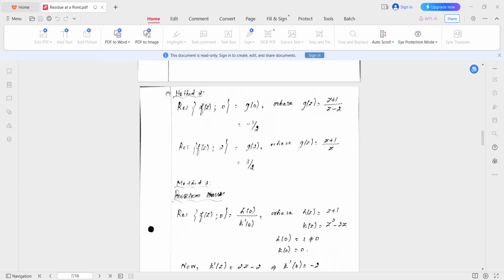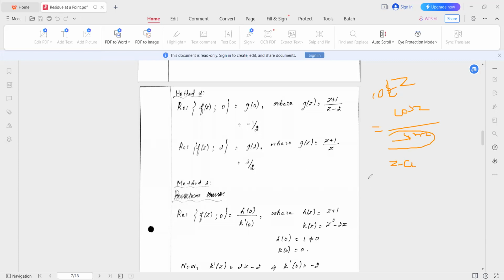Note that in some places we cannot apply the first and second formulas. Suppose the function f of z is cot z. Cot z can be written as cos z by sin z, isn't it? So sin z is not in the form of some z minus a. So you cannot apply formula 2 and formula 1.